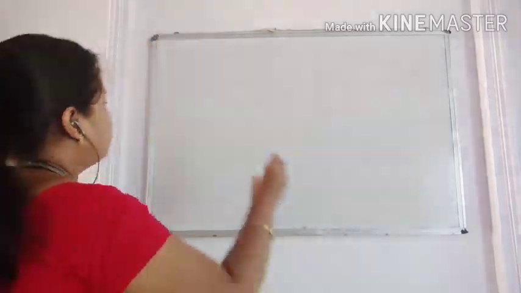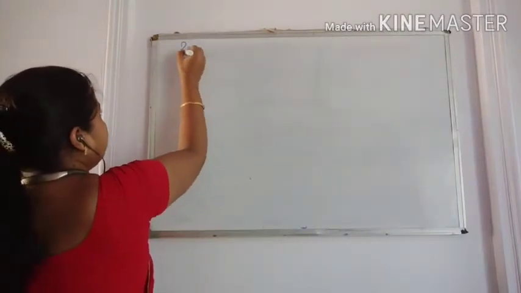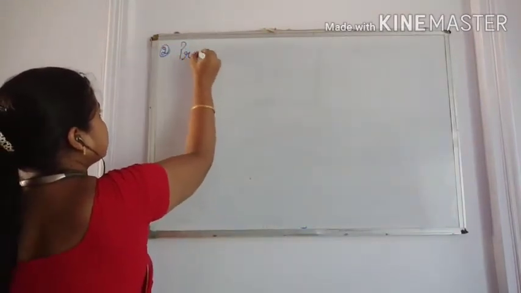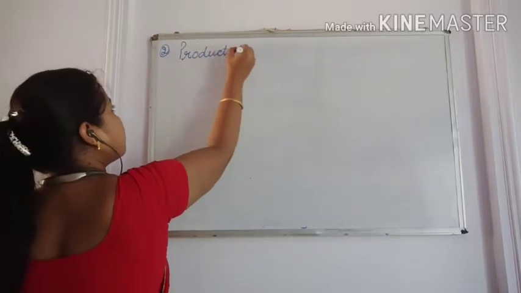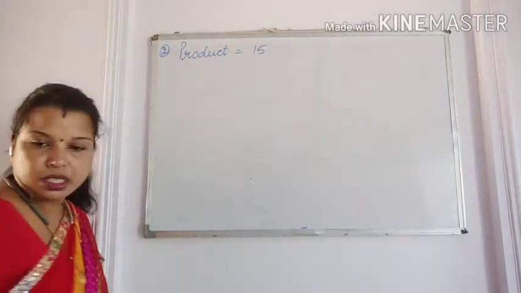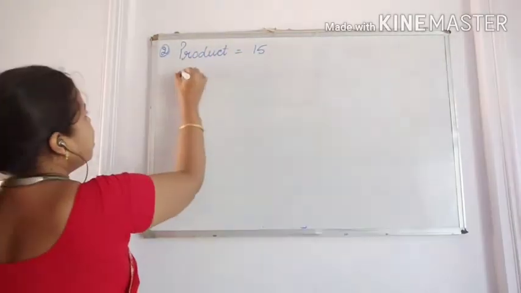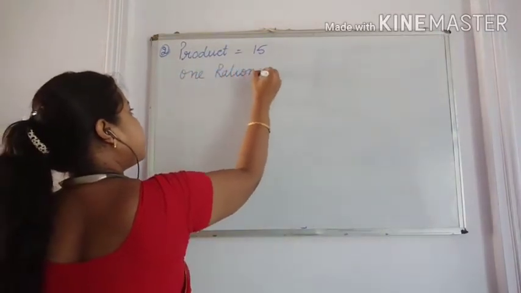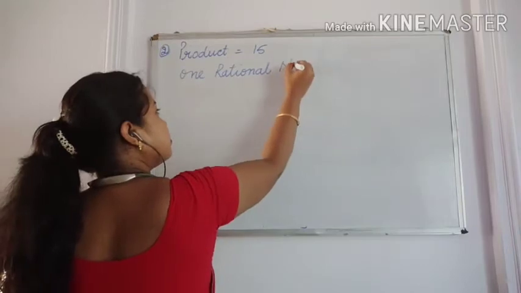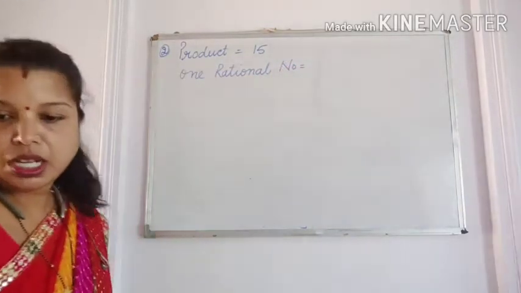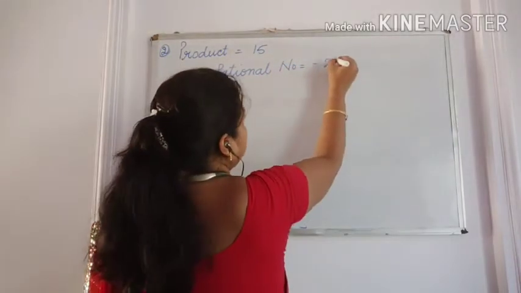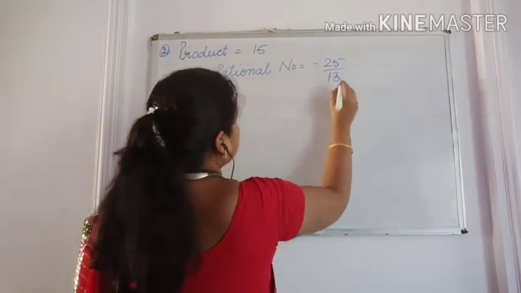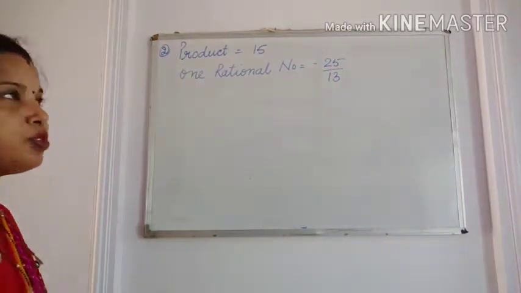First of all, product will be 15. One rational number will be minus 25 upon 13. One we have to find out.